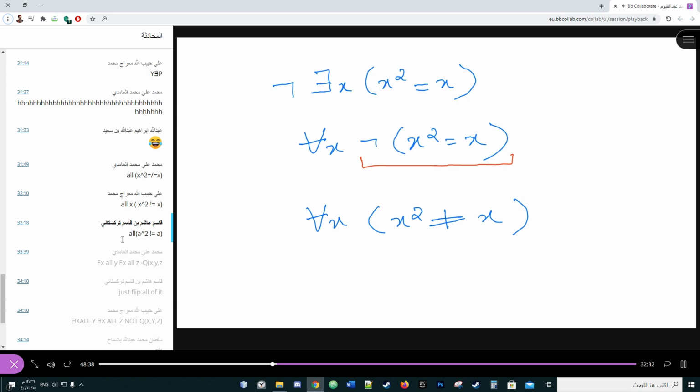Qasim has used the symbol from his programming, not equal to x. Both are okay. You can use the mathematical symbol like Muhammad Ali has done, or the symbol that Ali Habib and Qasim have used.